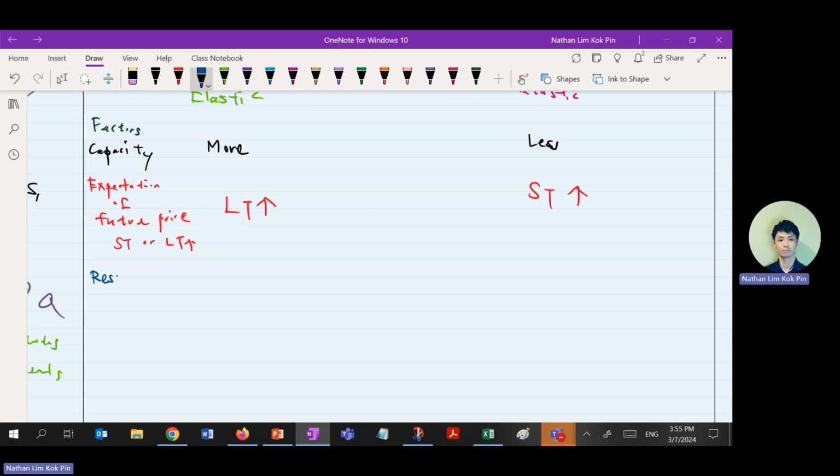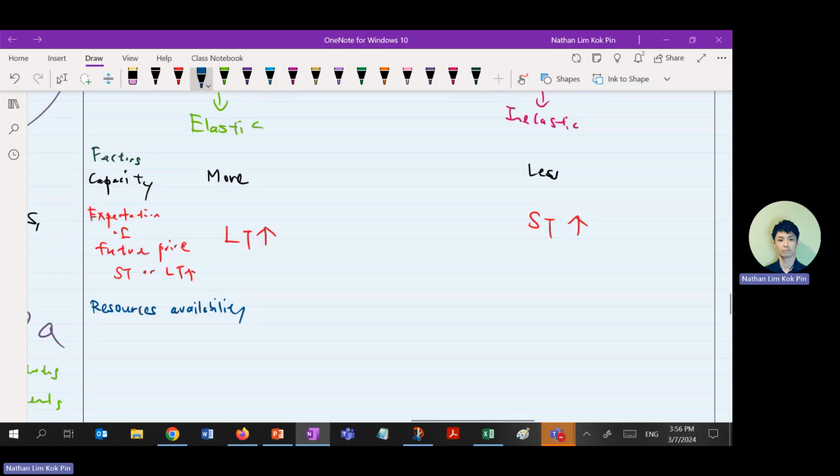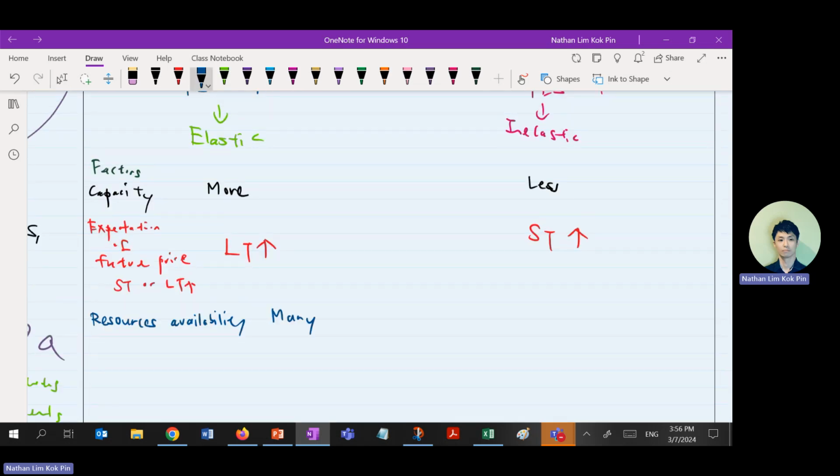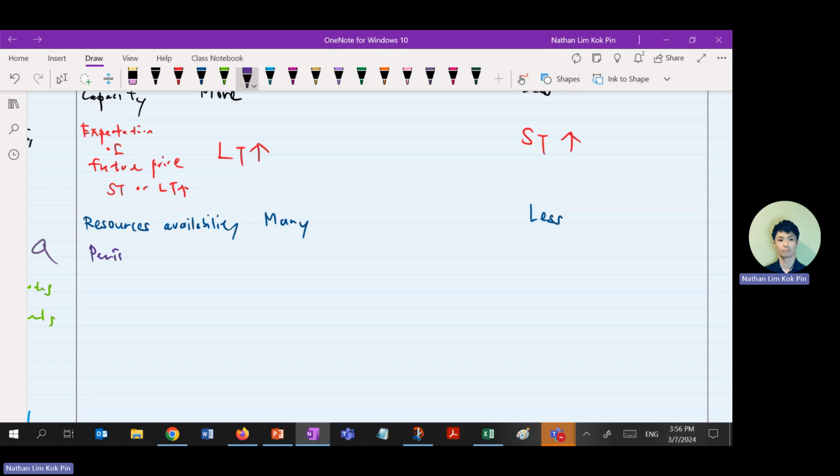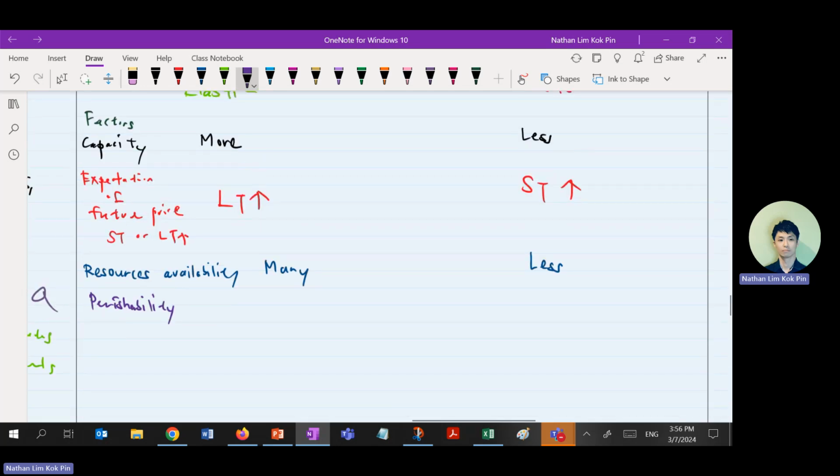The next one, in PED on the consumer side is substitute availability; for supply it is resources. If I have many resources to produce, I'm elastic. If I have fewer resources to produce, I'm inelastic. The next one is perishability, or the ability to store the product. If I'm a non-perishable product, I am elastic.